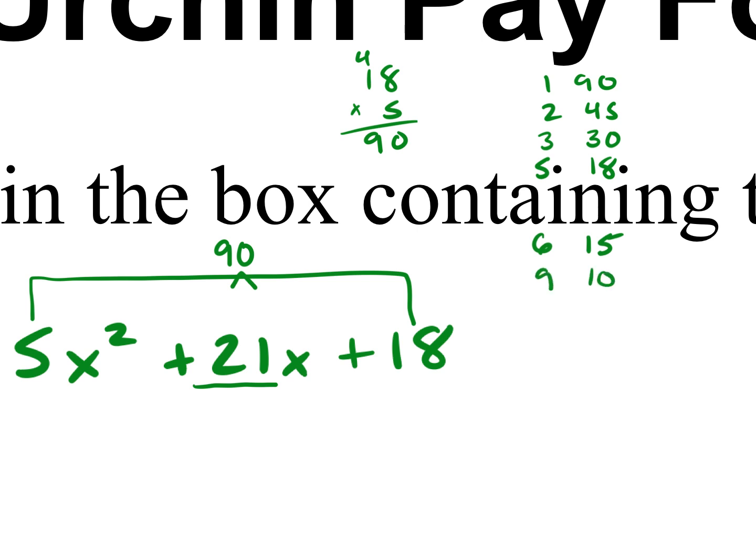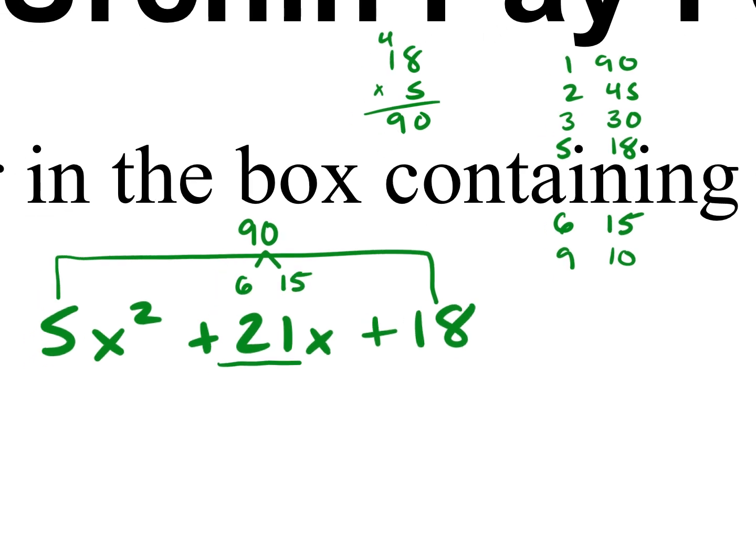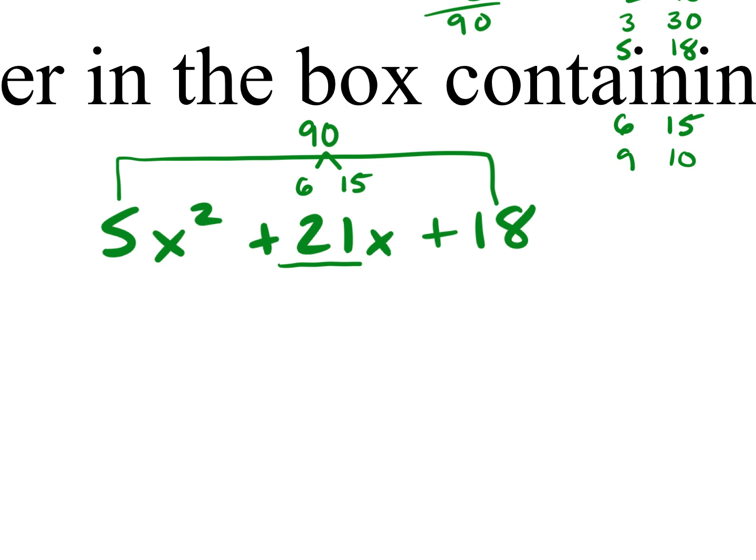Any of these add up to 21? 6 and 15. Awesome. So 6 and 15. 21, the number in the middle. So we have x plus 6 and x plus 15.